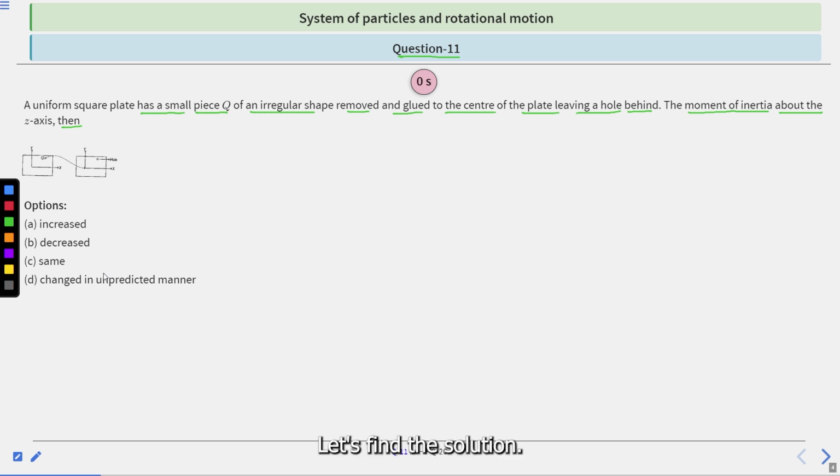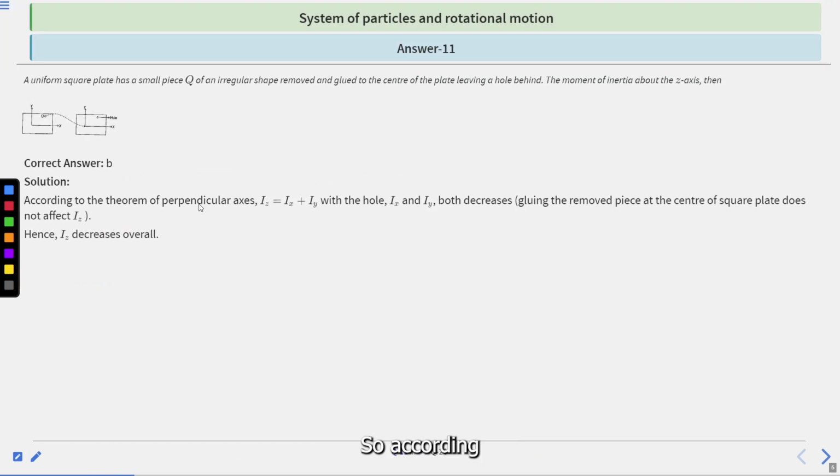Let's find a solution. According to the theorem of perpendicular axis, Iz is equal to Ix plus Iy. Clear? With the hole, Ix and Iy both decrease.